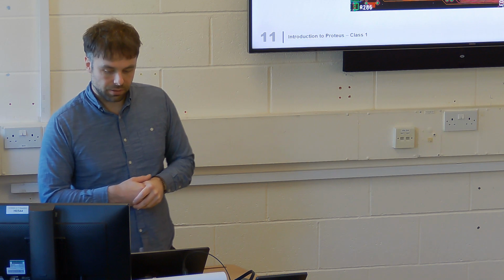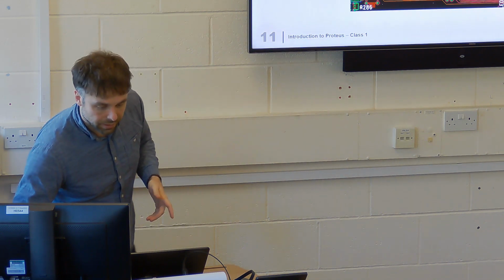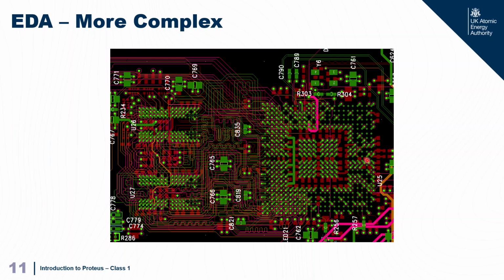BGA stands for Ball Grid Array, and it's the most dense IC package that you can get, really. And what it means is, all these pads here belong to one IC. So instead of the pins coming out the side of the IC, all the pads are on the underneath of it. So you've got many, many connections underneath the thing itself.